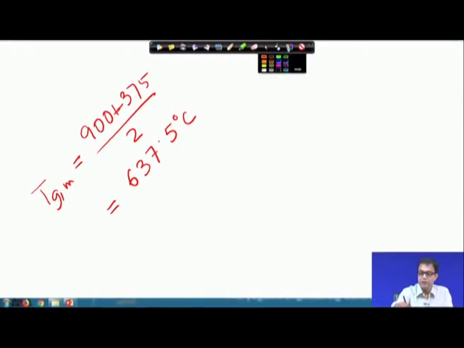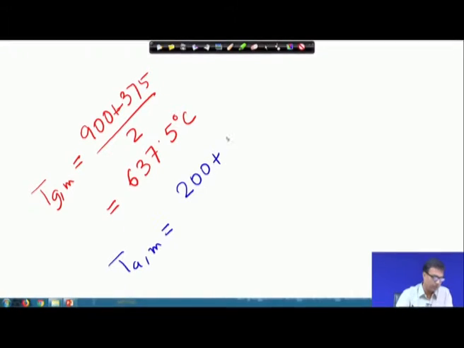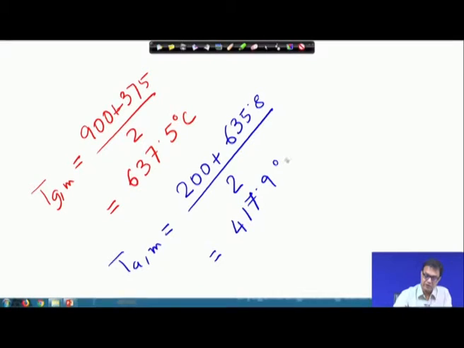For the air side, the entry temperature is 200, and 635.8 is the estimated exit temperature based on epsilon equals 0.75. So, that gives you 417.9 degree centigrade as the average temperature.